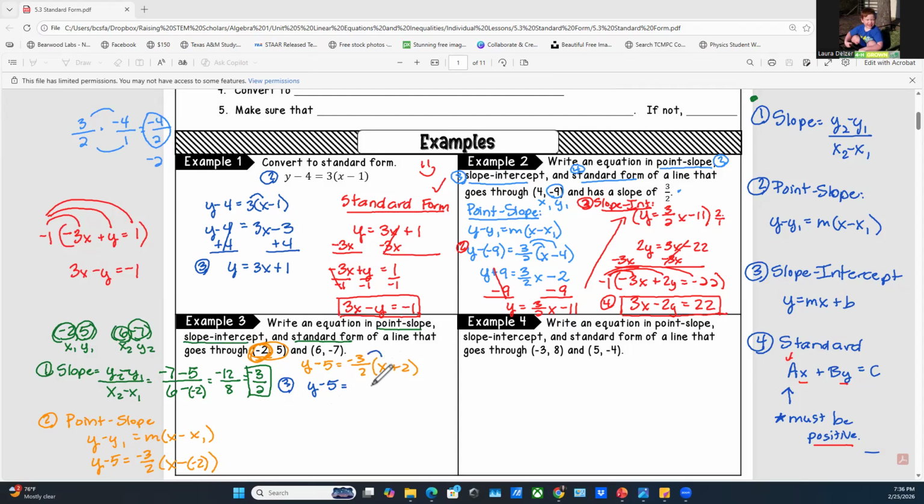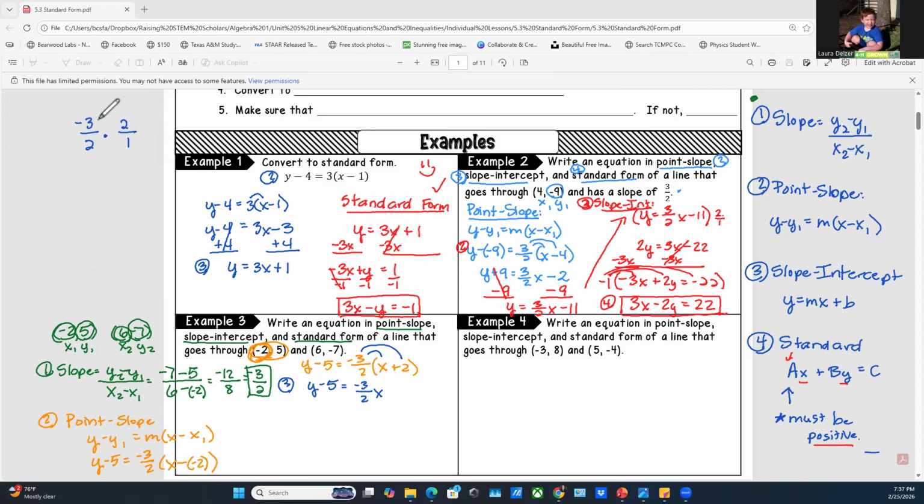So negative 3 halves times x, negative 3 halves x, negative 3 halves times 2. If we do a little bit of scratch work over here with fractions, let's look at this real fast. We have negative 3 halves times 2. That 2 is really over 1.